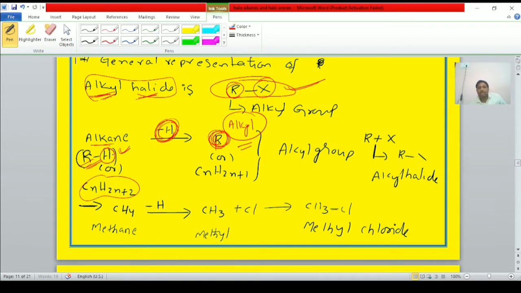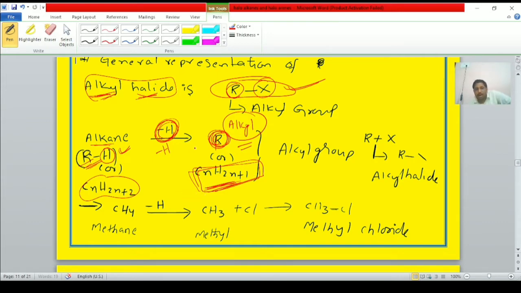Here this hydrogen atom is lost as minus H to form R. Here the general formula of alkyl group is CnH2n+1, because CnH2n+2 is the formula of the alkane, and by the loss of one hydrogen atom it is 2n+2-1, giving 2n+1. Hence CnH2n+1 is the general formula of the alkyl group.